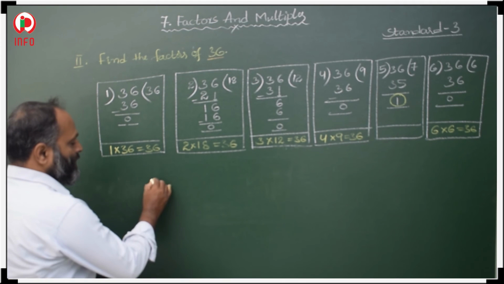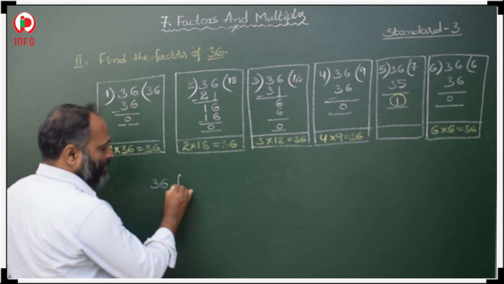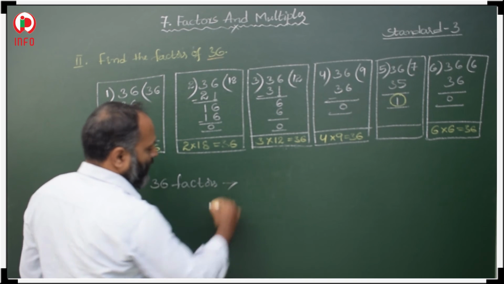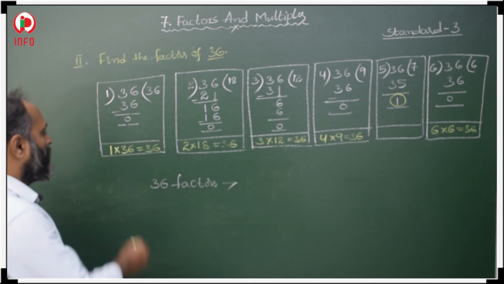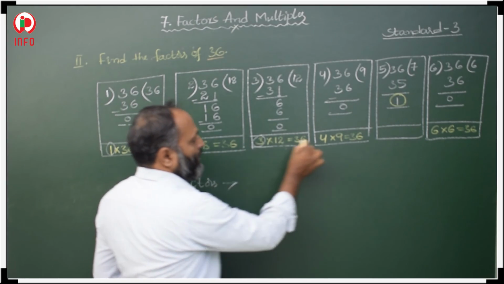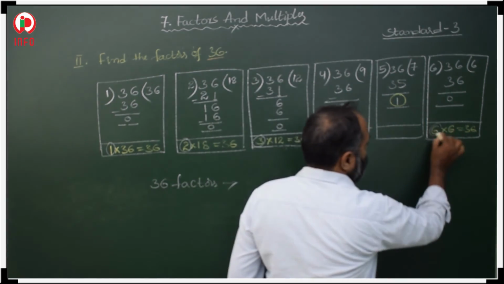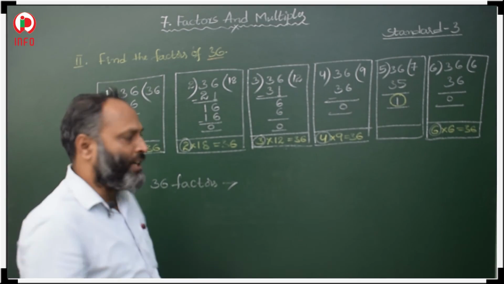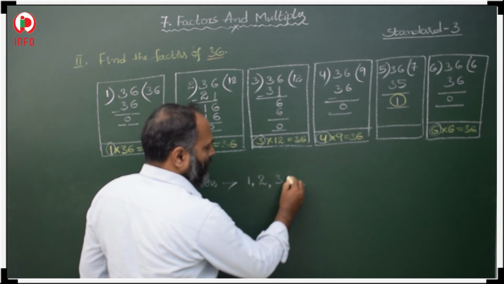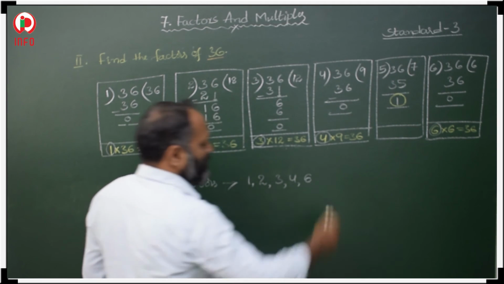So now, 36 factors. How to write 36 factors? First you have to write the first multiplicands: 1, 2, 3, 4, 6.